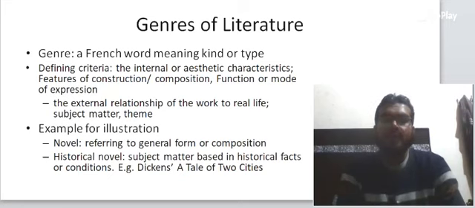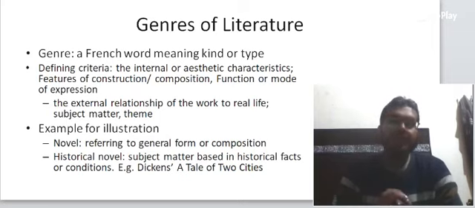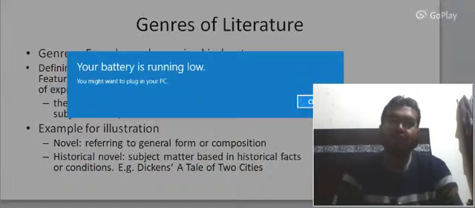If we talk about novel, it refers to the general form or composition of a work, how it has been composed and formed by the writer, which means that it is based on narration and it is different from drama because it has a different composition.